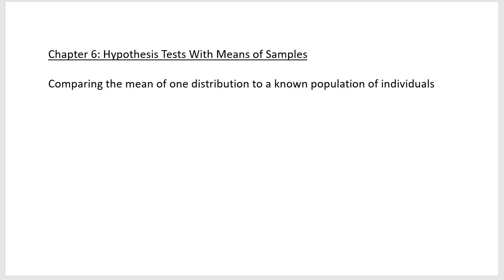Now, the difference between this chapter and last chapter is that rather than comparing one individual person to a population to see if their score is significantly different, in this chapter we are comparing the mean of a group to the mean of a population of individual scores. There is a little hiccup that we have to work through, and that's what creates all the mess in this chapter. But don't worry, we're going to work through it.